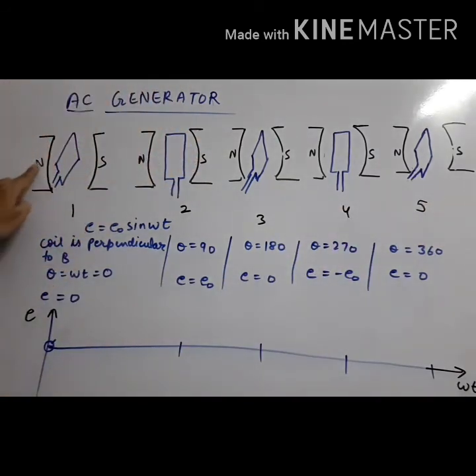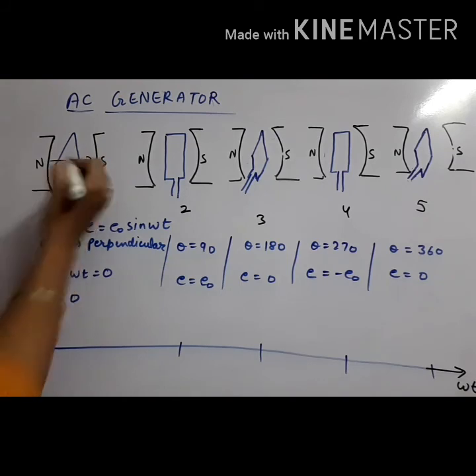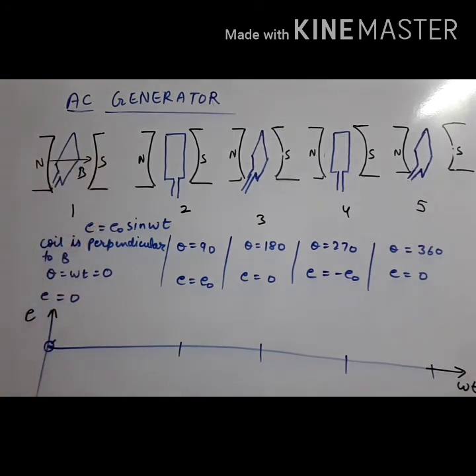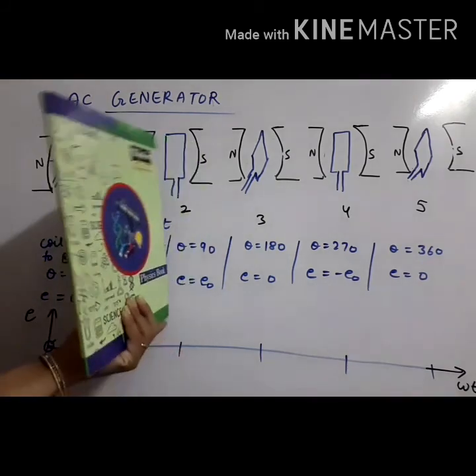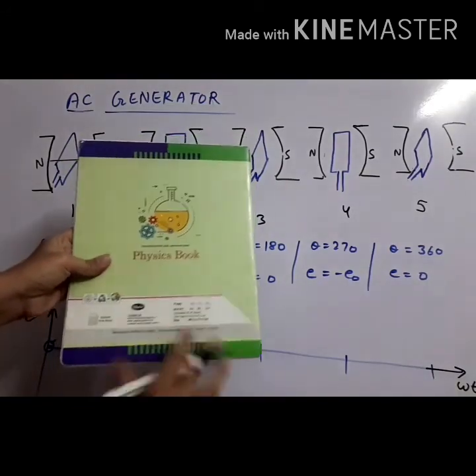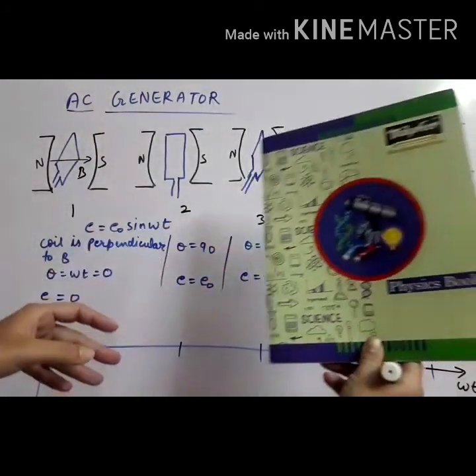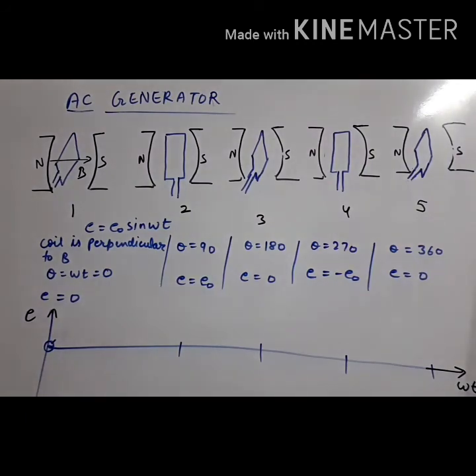Between N and S, here the coil is perpendicular to the magnetic field B. In this location it is perpendicular, in this location it is parallel, again perpendicular, here parallel, like that the rotation of the coil is going on. So theta we have to write in each case.